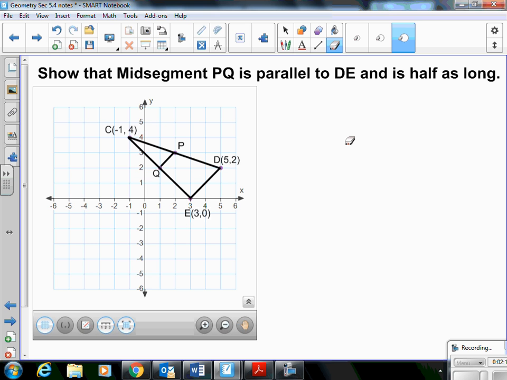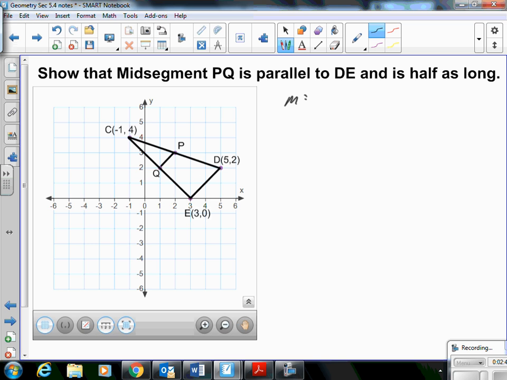If two lines are parallel, what's got to be true about them? They have to have the same slope. So what we'll want to do is figure out the slope of PQ and the slope of DE. And if indeed PQ is the mid-segment, those two should have the same slope to be parallel.